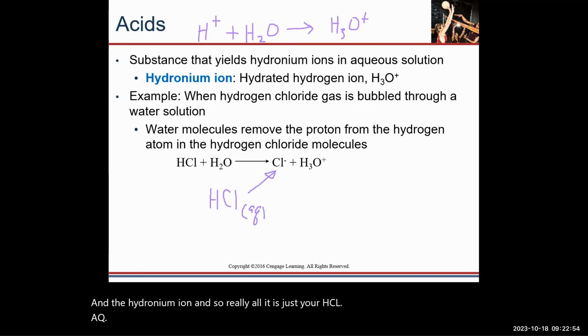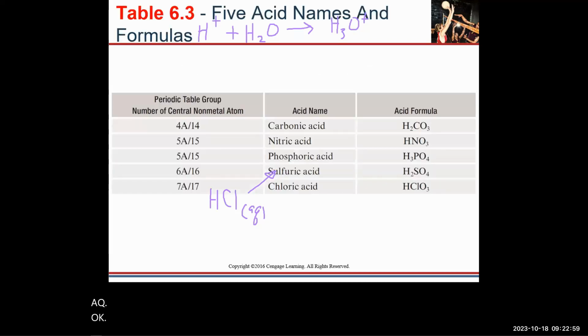Okay. So these are the names of five acids. H2 added onto carbonate causes it to become carbonic acid.